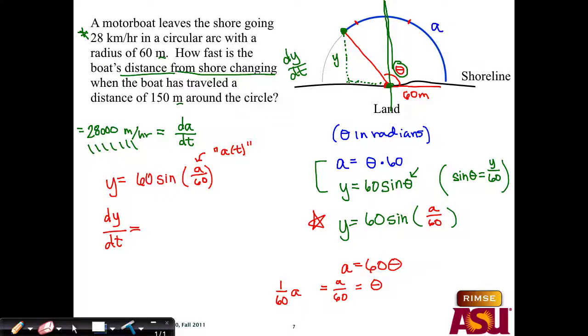To take the derivative of this side, there's a coefficient of 60. The derivative of a sine function is a cosine function of the same thing. But then chain rule, times the derivative of A over 60, or 1/60th A. Well, it's got a coefficient, and the derivative of A, a linear function, is A prime of t, or dA/dt.